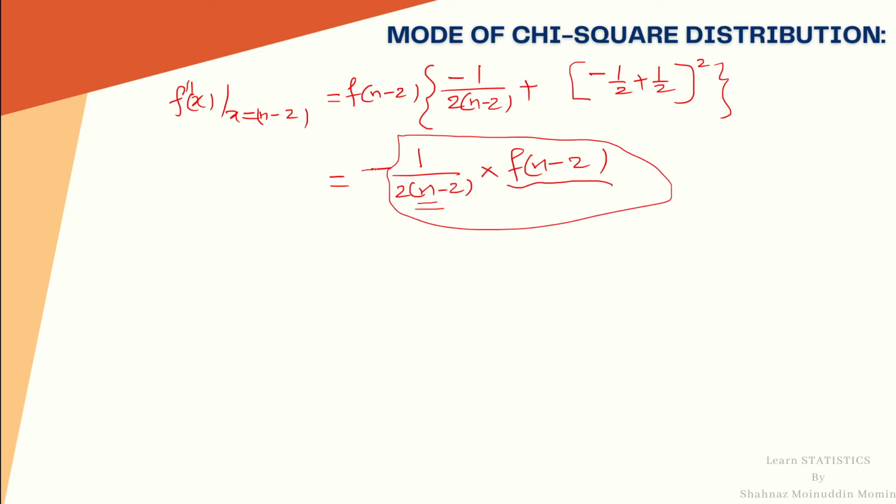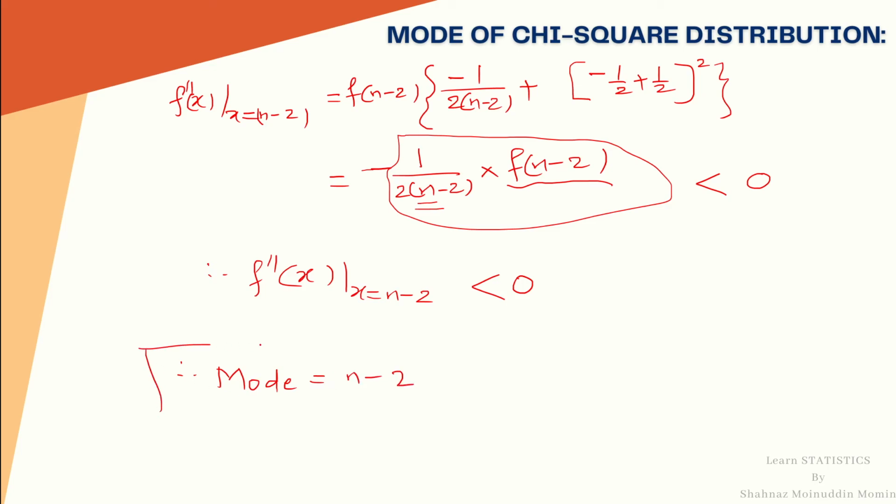Due to the minus sign, the value of this expression is negative. Hence, the second derivative of the PDF of chi-square at x equal to n minus 2 is less than 0. Hence, the PDF of chi-square attains its maxima at the point n minus 2. Therefore, mode equals n minus 2. This is the value of the mode of chi-square distribution with n degrees of freedom.